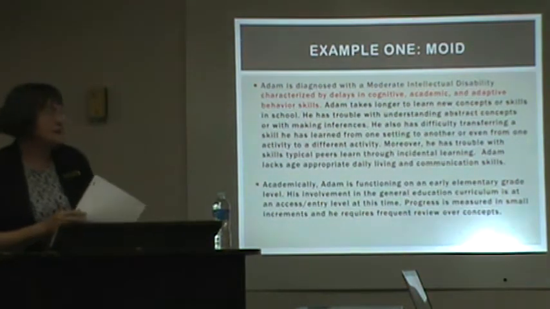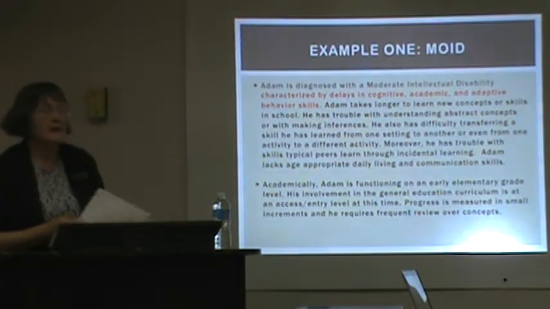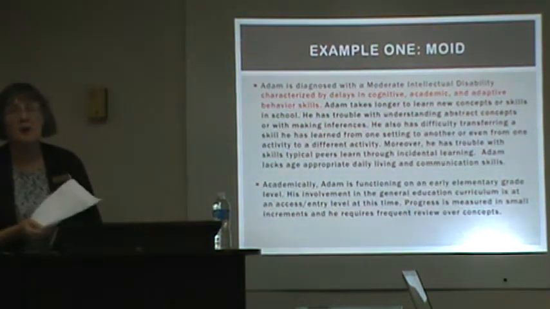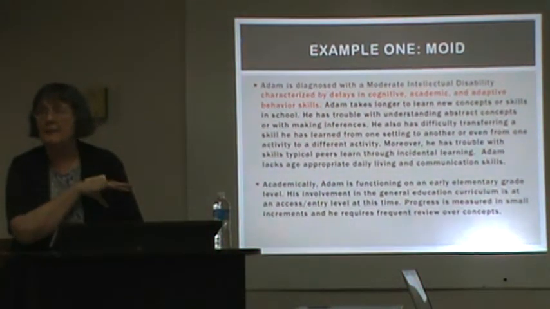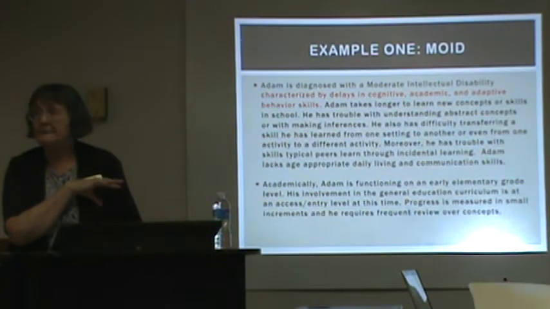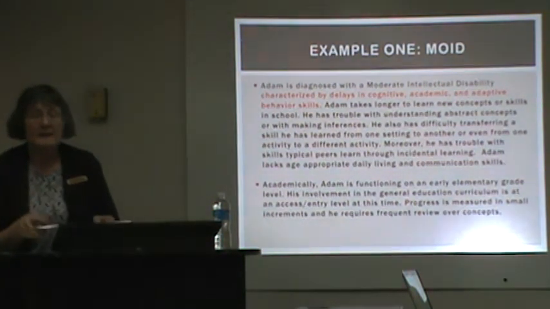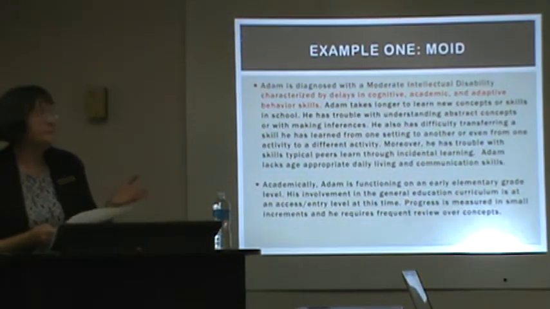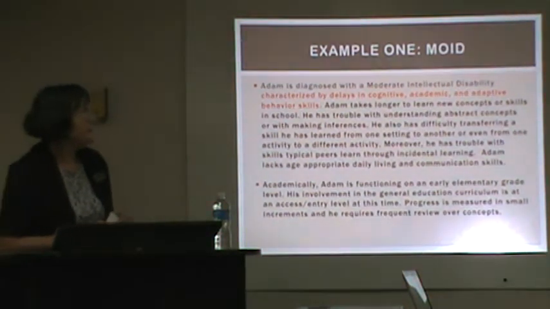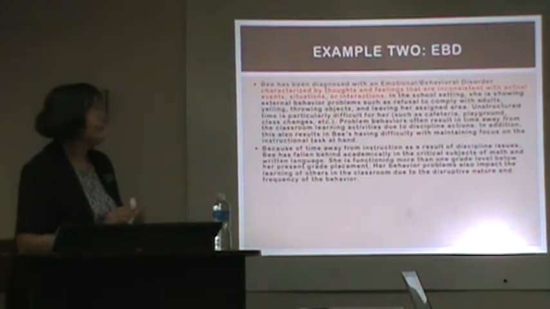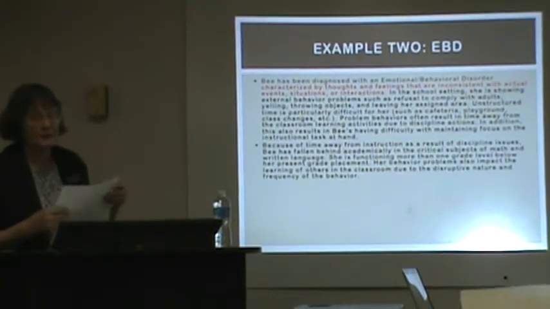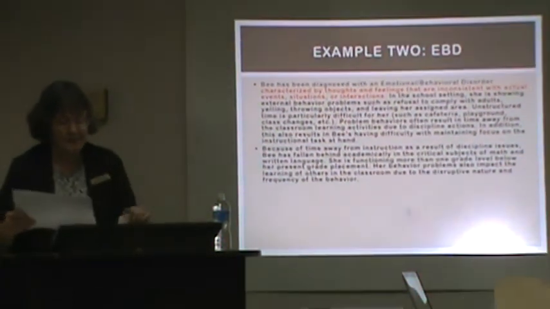Progress is measured in small increments, and he requires frequent review on concepts. So that is my impact statement for Adam. Okay? Now let's go further with it. Here's example 2. Look at your EBD 1.